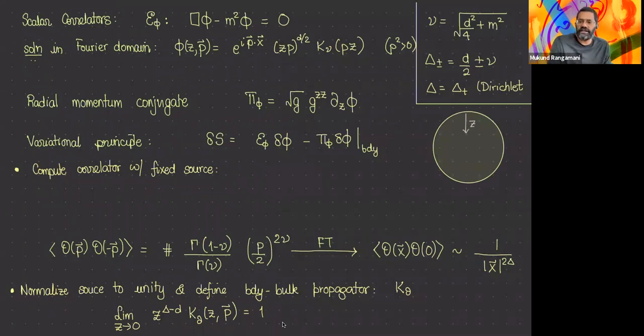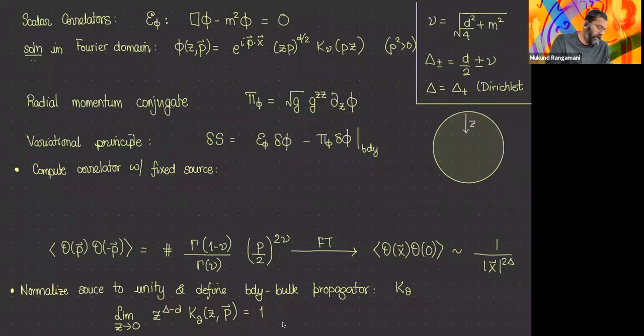And so I can try to do a classical analysis of the momentum conjugate to this radial evolution direction. So I'll define the conjugate momentum density to the field, with appropriate root g's, as the derivative in the radial direction.